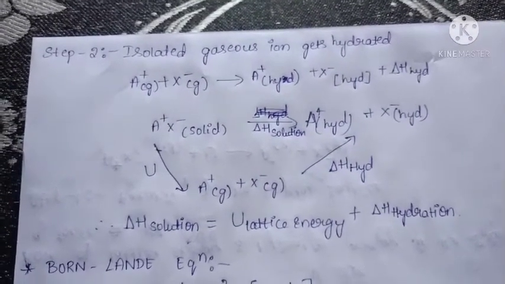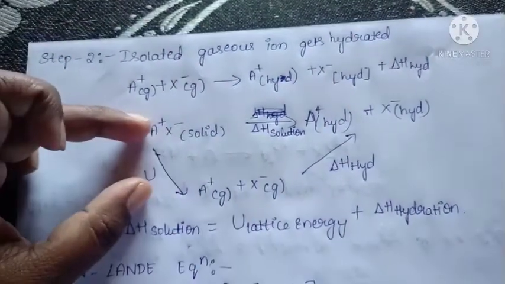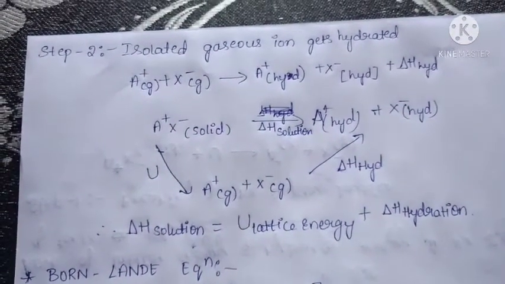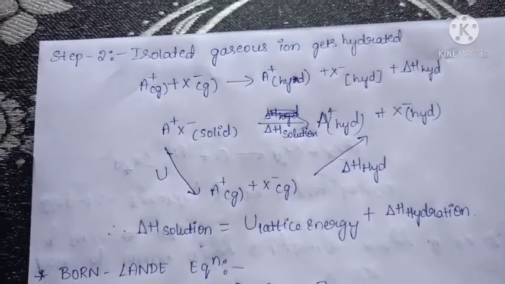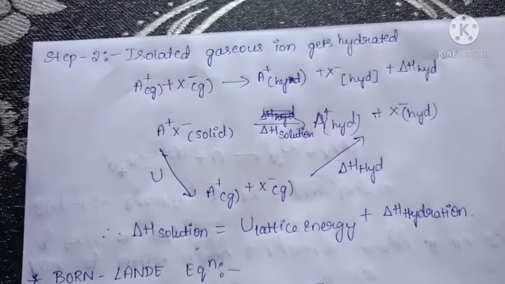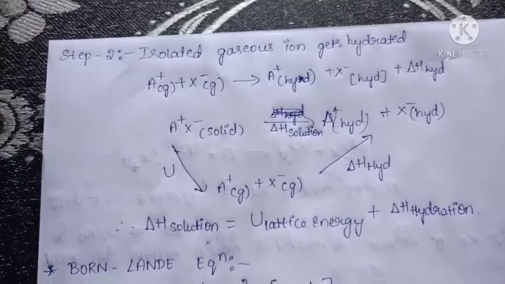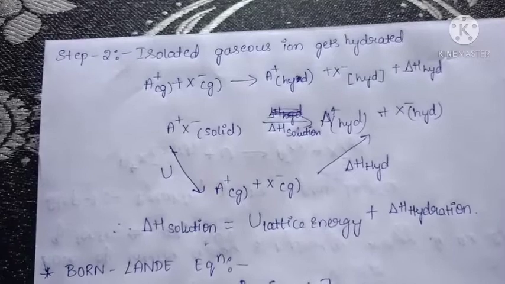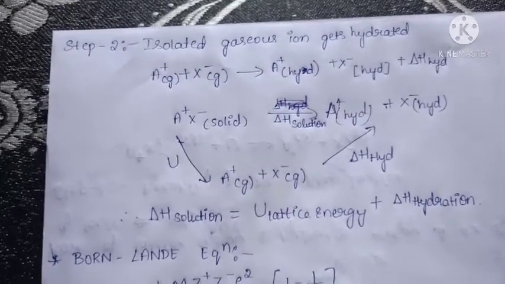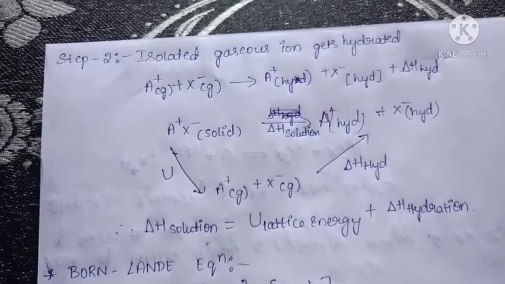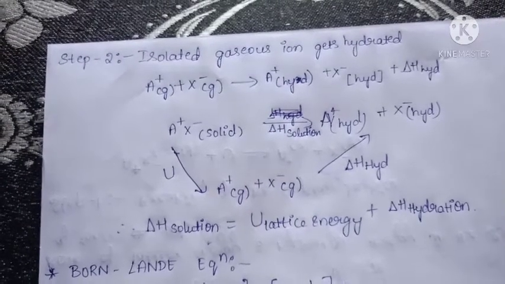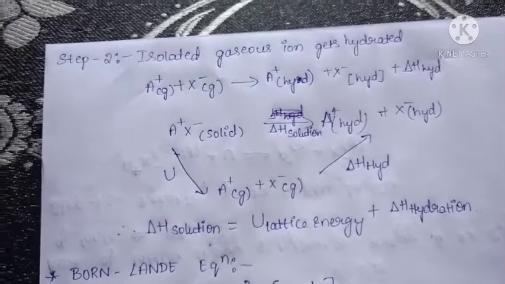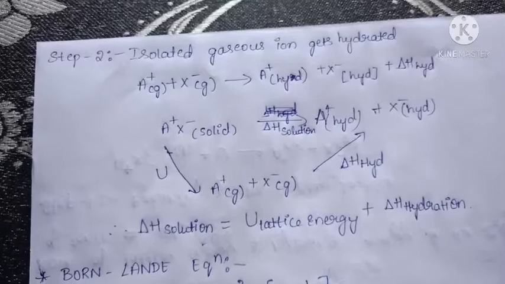Okay. Here I am giving some mechanism like this. You have to see this as a general rule for an ionic solid. When an ionic solid is dissolved in a particular solvent, we will take it as water, the hydration energy must be greater than its lattice energy. Listen, the hydration energy must be greater than the lattice energy, and only then will the solid dissolve in the solvent.